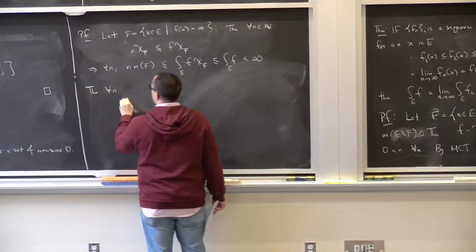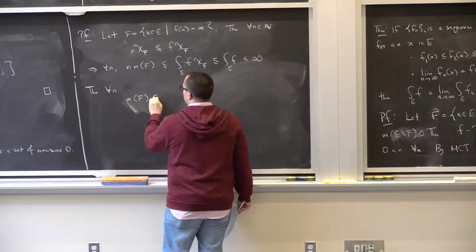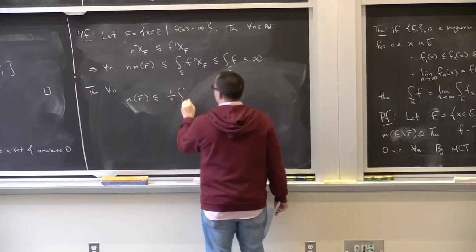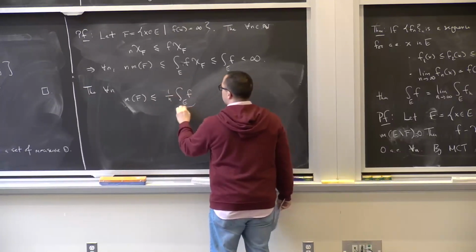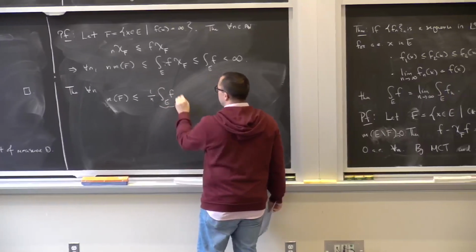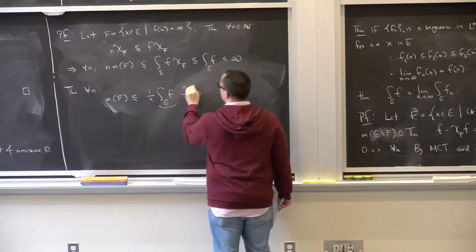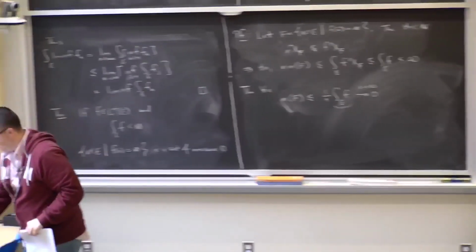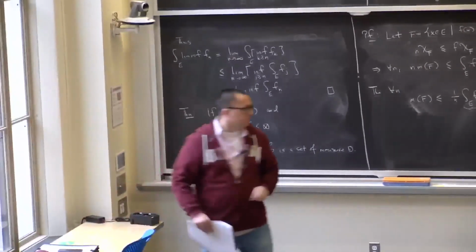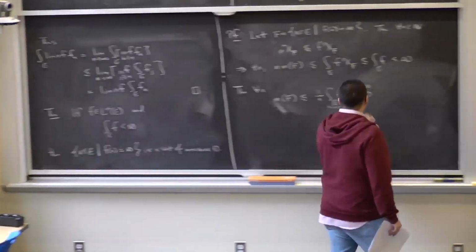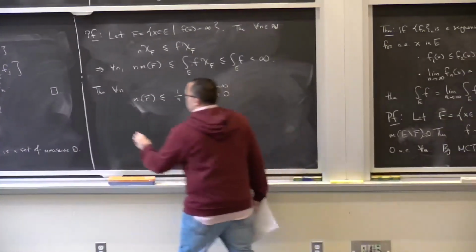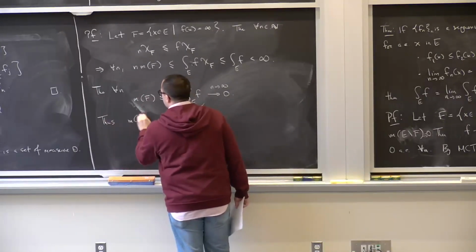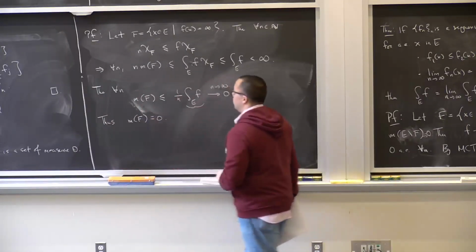And for all n, the measure of F is less than or equal to 1 over n times the integral of f over E. Again, this is a fixed finite number, which goes to 0 as n goes to infinity. This is just a fixed number as well. Thus, the measure of F equals 0.